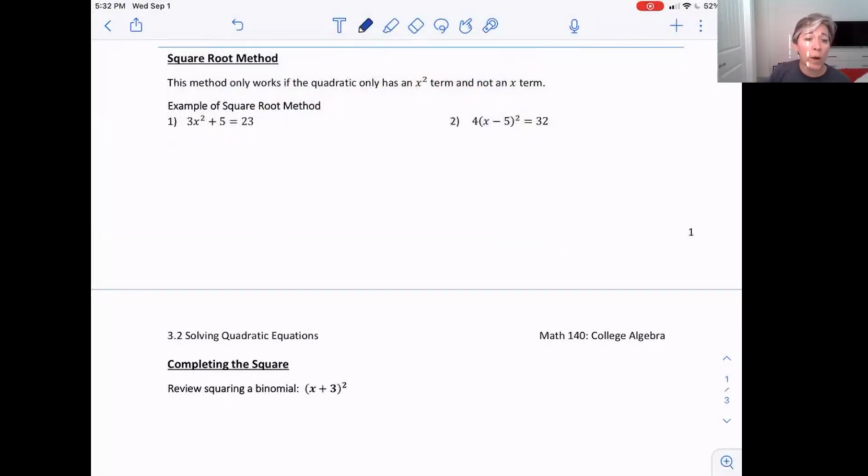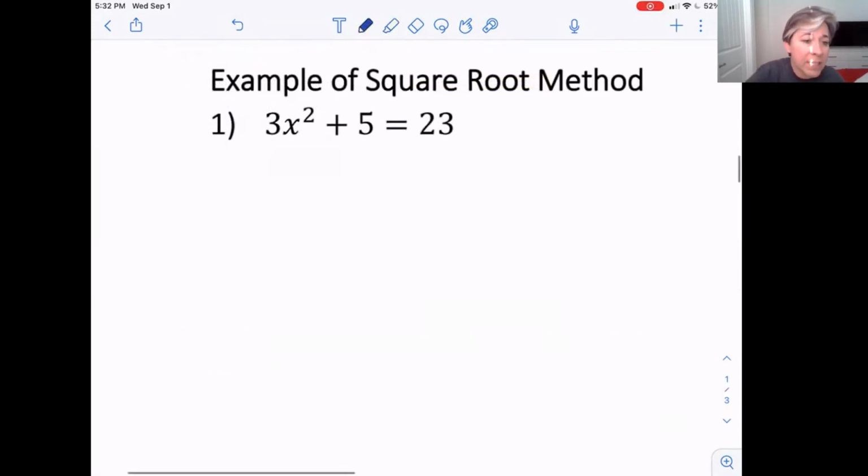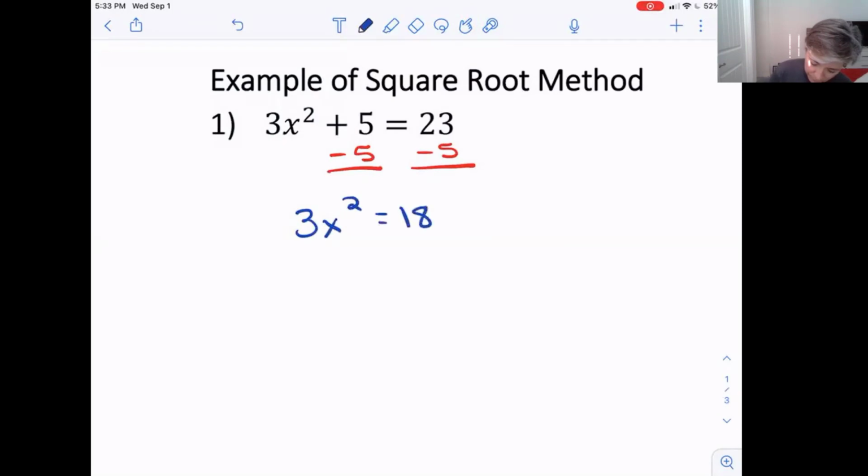Now let's take a look at the square root method. And remember, this method only works if it has an x squared term, but not an x term. With this first example, we can use the square root method. We would subtract 5 from both sides, get 3x squared equals 18, divide both sides by 3, and we get x squared equals 6.